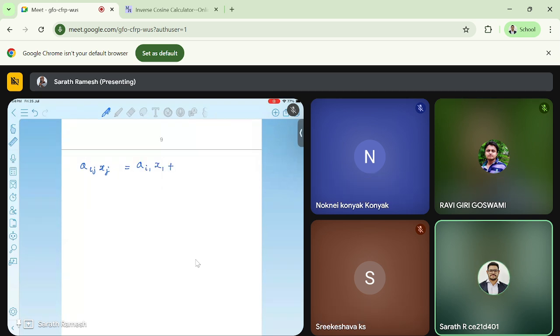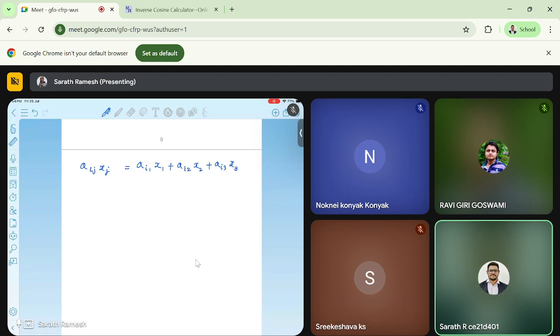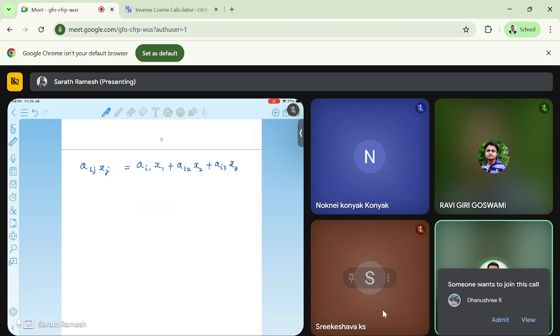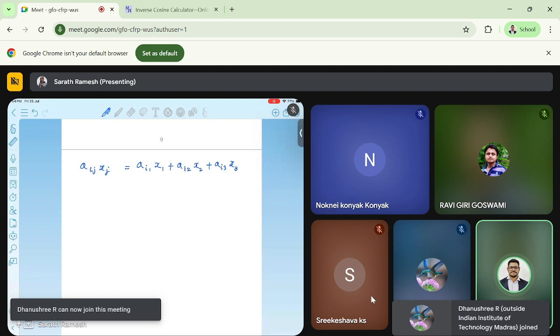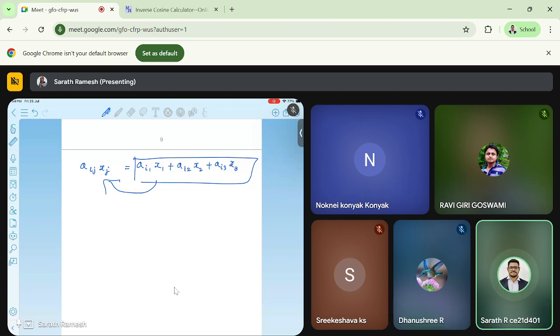That's it. Instead of writing this big expression with 3 terms, we simply write the small thing. This is also called Einstein summation convention. So this is about indicial notation. Next, we have to understand something called free index and dummy index.